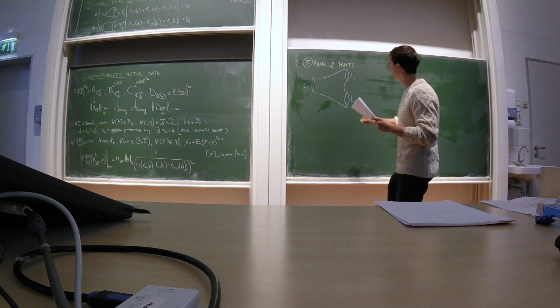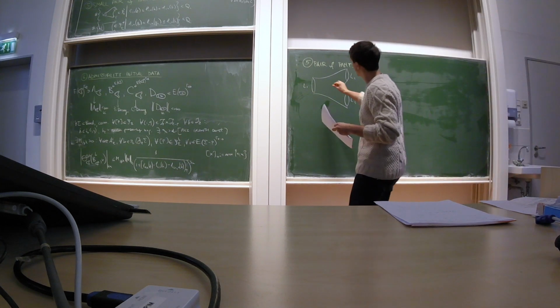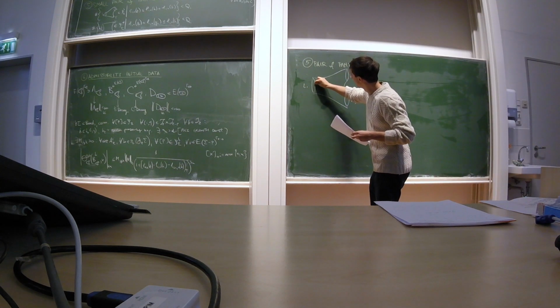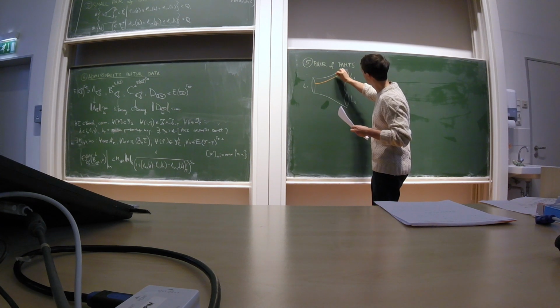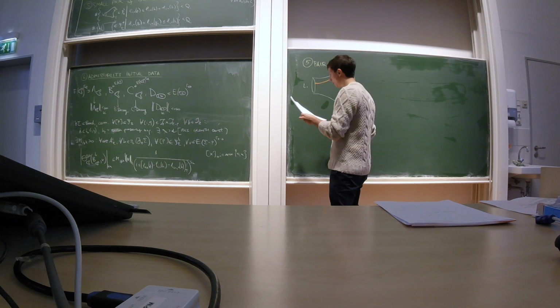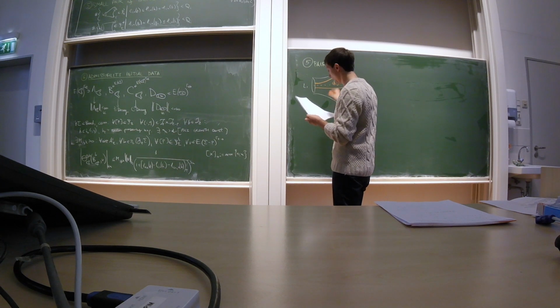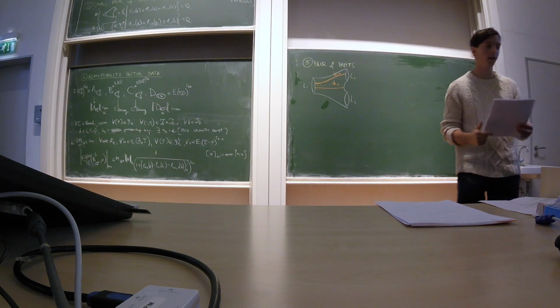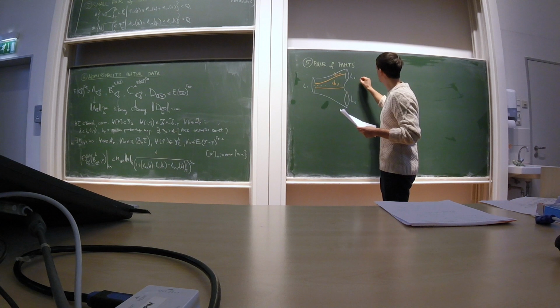And then, okay, let me do it with a different color. Take a point in here, and then you take a geodesic that goes to here, and you call this E1,2. And then you take this one, and you call this E1,1. And then they recover, so this is Bonn and Bardier together.